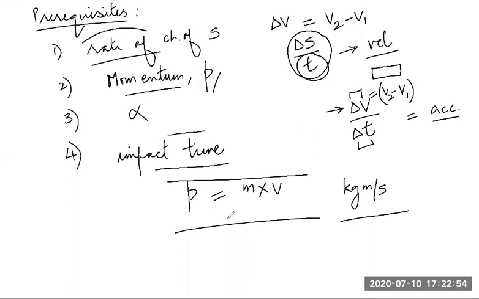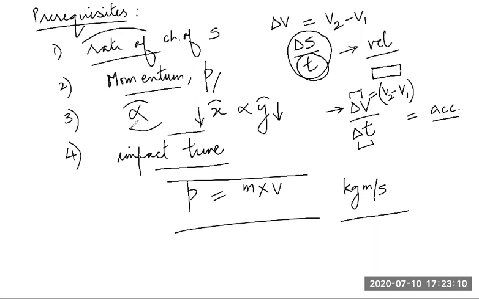Number three is this sign. This is the sign of proportionality. If I say x is proportional to y, it means when y increases, x will also increase, or when x decreases, y will also decrease.